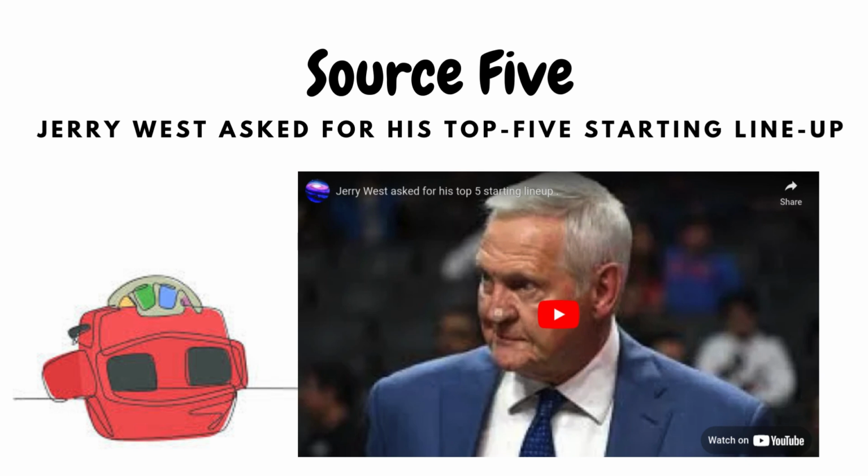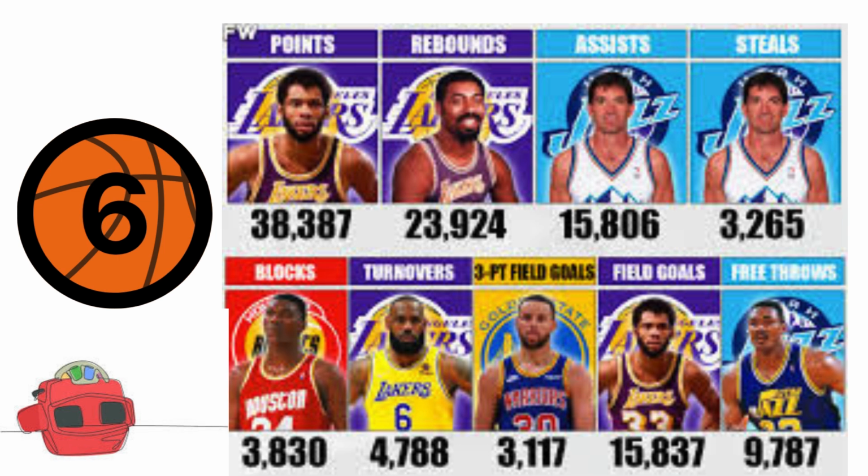And source 6 is the statistical leaders for all facets of the game, everything from turnovers, blocks, three-point field goals, free throws, steals, assists, rebounds, and points. You can see there that really you only have a couple of players in contention within this conversation, the likes of Kareem Abdul-Jabbar, Wilt Chamberlain, and LeBron James.